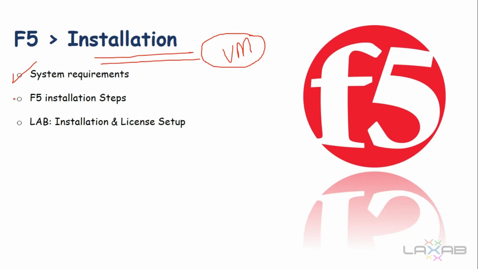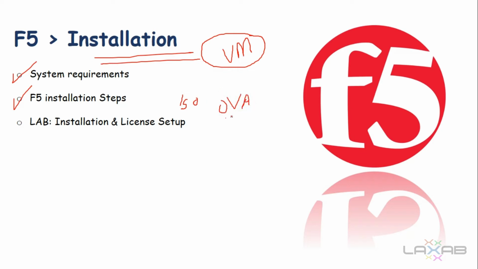Okay, so the next step we will see in this video is the F5 installation steps. There are some pre-checks we need to do before we proceed with the actual installation. For example, you need to get the license for F5. Yes, that's true, you need to have a license. It doesn't matter even if you have the ISO file or the OVA file with you.